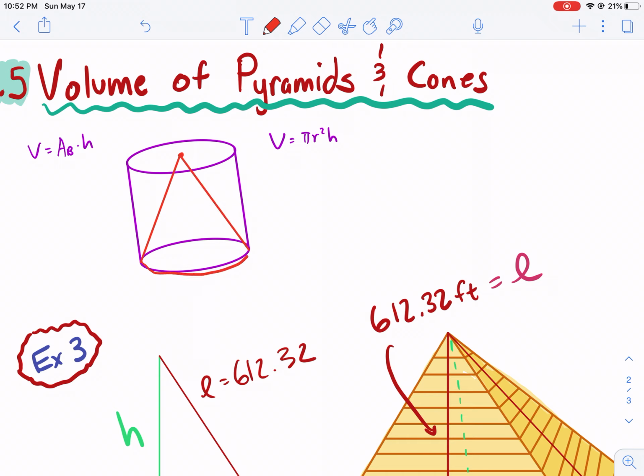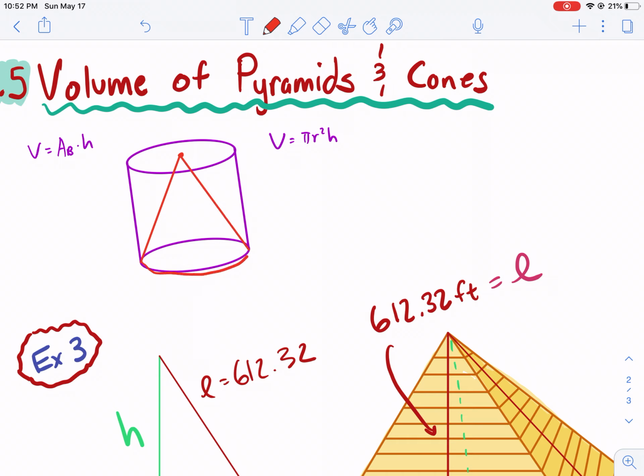So here's the volume of a pyramid, which is the area of the base times the height divided by 3, and here's the volume of a cone, which is pi r squared h divided by 3. It's very important that you understand that the base could change depending on the pyramid.